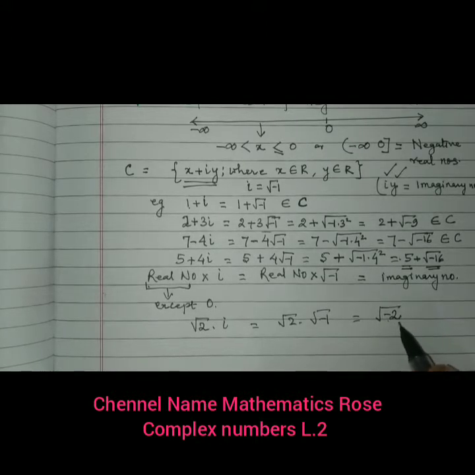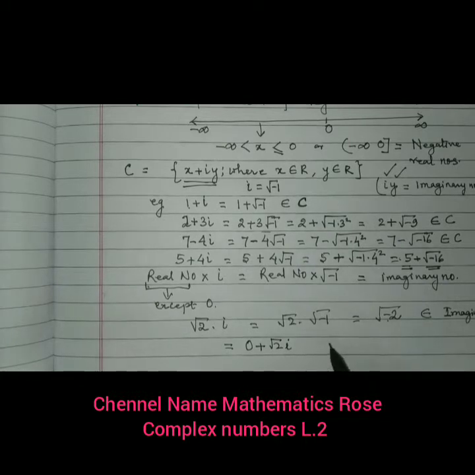So the square root of minus 2, which type of number is it? It is imaginary. It belongs to the imaginary numbers, and it is also a complex number, because it can be written as 0 plus root 2 i. Here x is equal to 0 and y is equal to root 2.